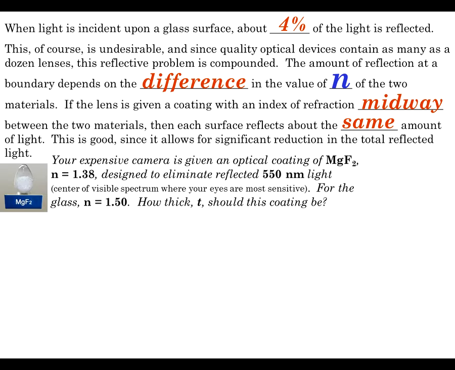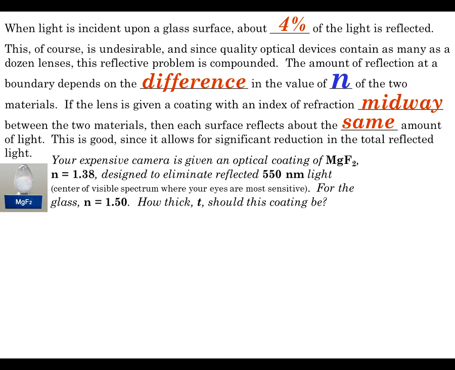So here is an example of your camera, your expensive camera. Now I guess probably all you have anymore is your wonderful smartphone camera because they're so good, but historically cameras with good optics would be given a coating of magnesium fluoride, and here's a little vial of magnesium fluoride crystals used a lot in optics.